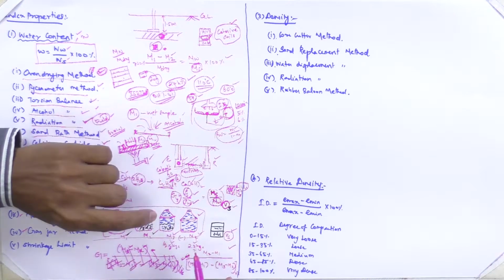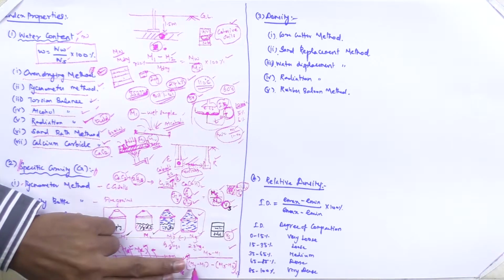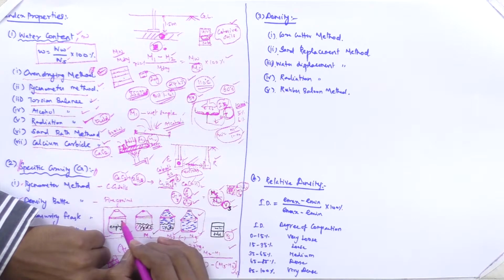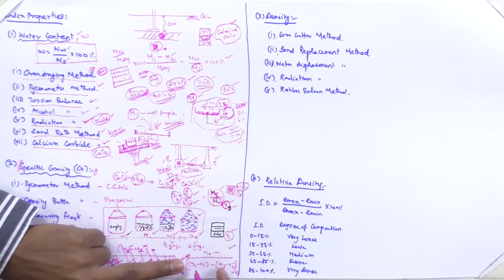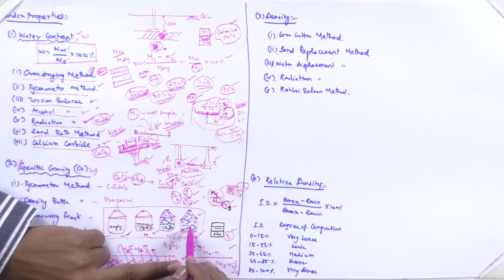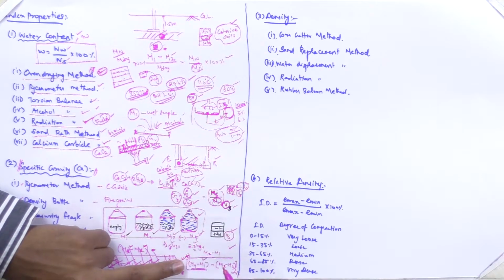M4 minus M1 gives this: full water plus the mass of the empty jar, minus the empty jar, gives the mass of this water.